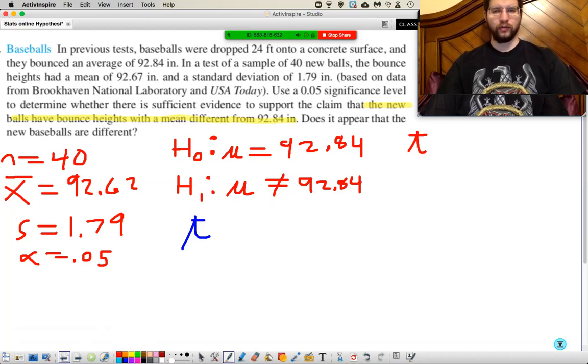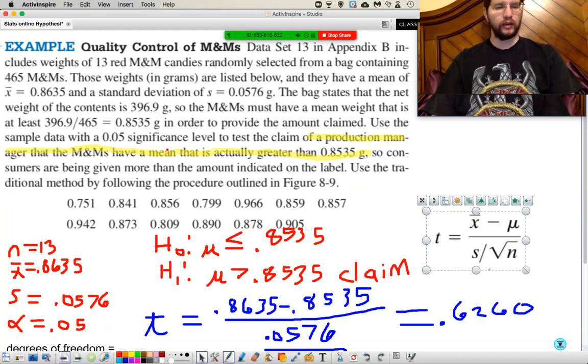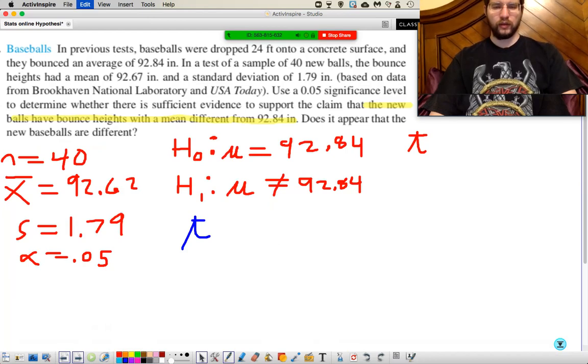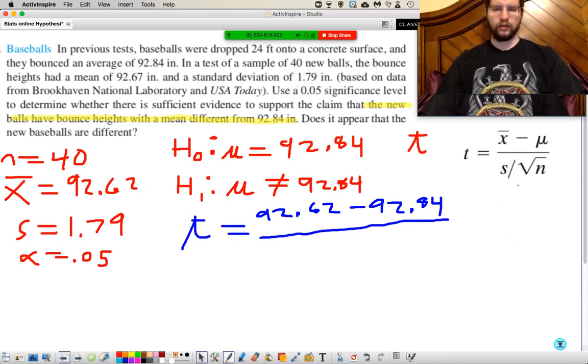Okay, so if you don't remember that formula, it's right here. You are allowed your formula sheet, so you don't have to memorize it. 92.62 minus 92.84 over 1.79 over the square root of 40.